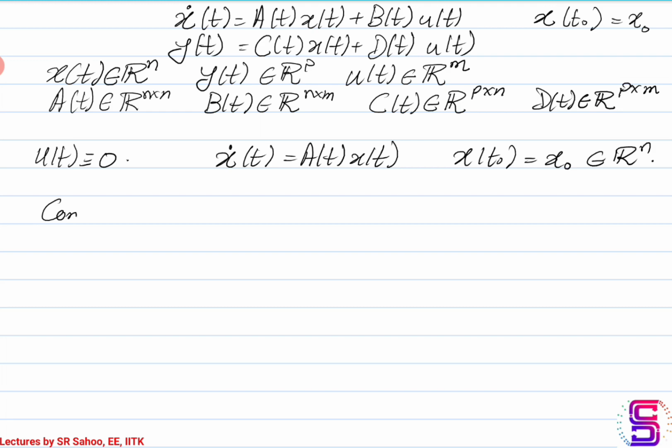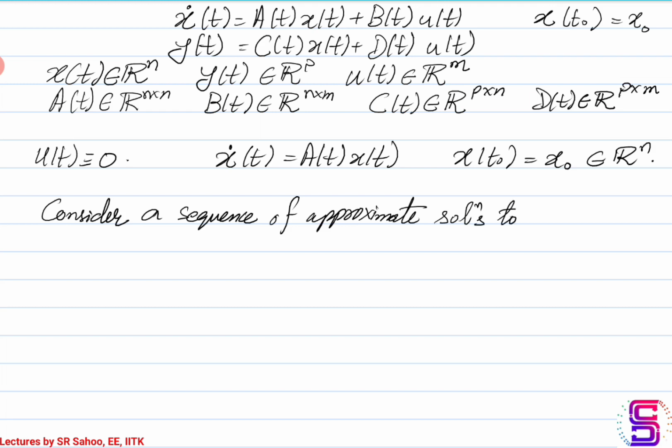We'll not go into the details of deriving the solution, but I'll tell you the structure of the solution. So consider a sequence of what we can term as approximate solutions to the above equation. Which equation? It's x dot equal to Ax.